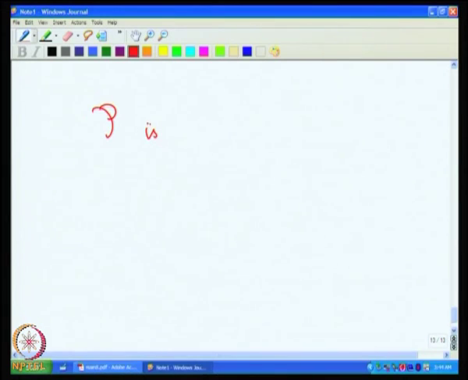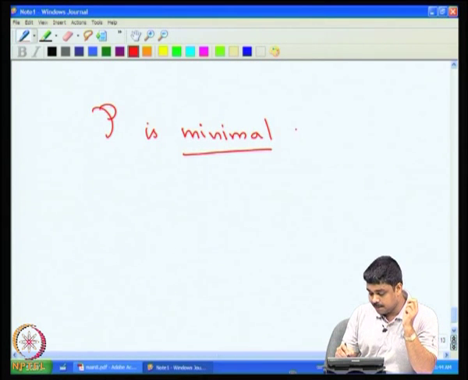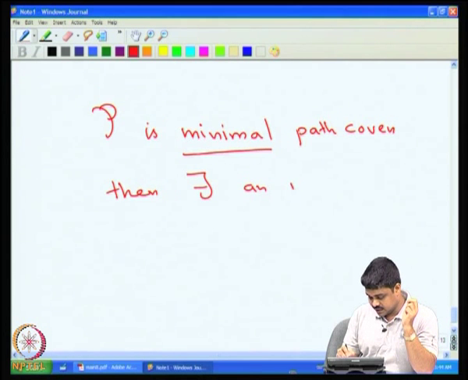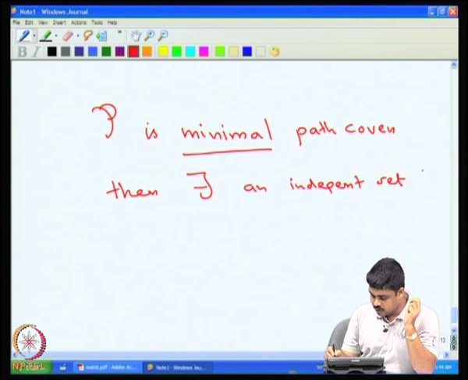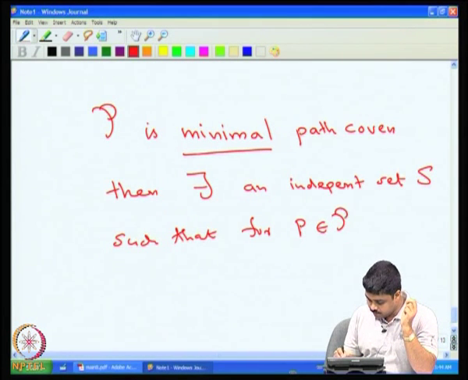But we will be showing a little extra here. Instead of a minimum path cover, I will say that if P is a minimal path cover, then there exists an independent set S such that for each path P in the path cover, S intersection P is not equal to phi.